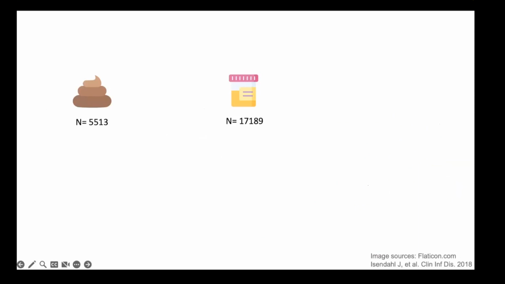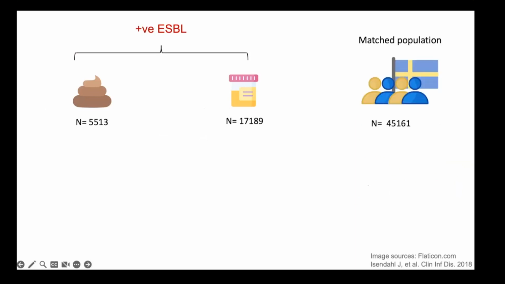One example is a population-based study in Sweden, where they took 5,513 patients that were known to be colonized with ESBL in the gut, and about 17,000 patients that were colonized with ESBL in the urine. And they then matched them to a healthy population that had been screened. And this healthy population was about 45,000 individuals.